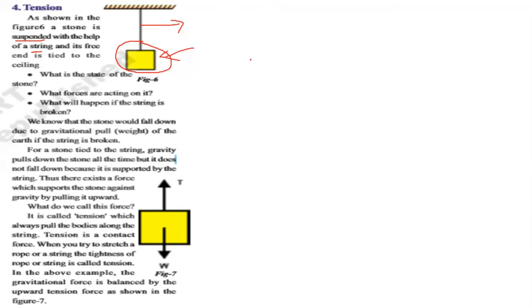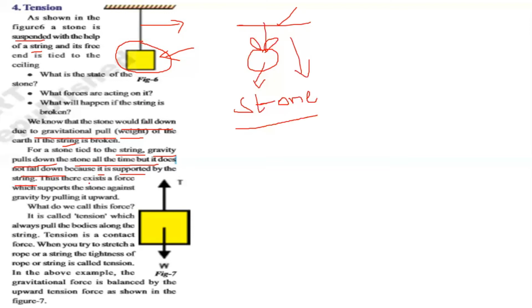Gravitational force is acting on the stone. We know that the stone would fall down due to the gravitational pull. Gravity pulls down the stone all the time, but it does not fall down because it is supported by the string. Thus there exists a force which supports the stone against gravity by pulling it upward.